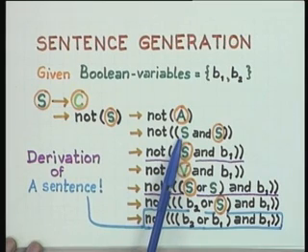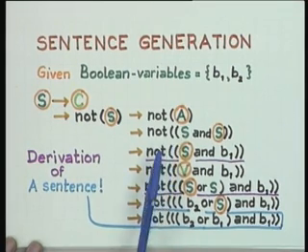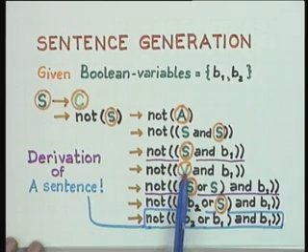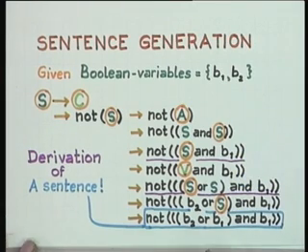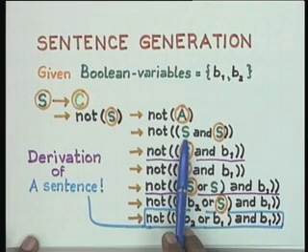So, if we had chosen this S, then we could have got this step V first. So, these two steps would have been commuted.